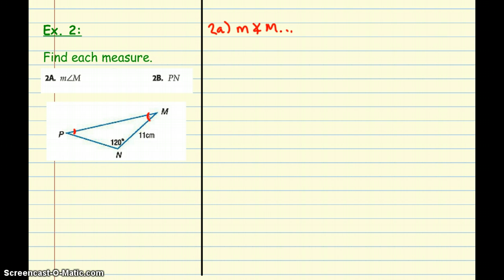From here, we know that we have this triangle, and so we know that angle P plus angle M plus 120 has to equal 180 degrees. Again, the angles of a triangle add up to 180. If I subtract the 120, I know that angle P plus angle M has to equal 60 degrees.